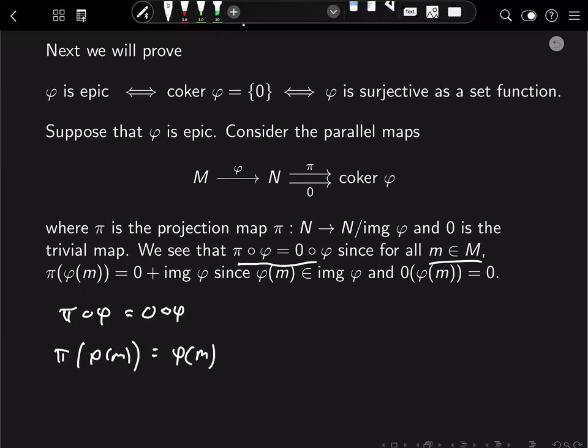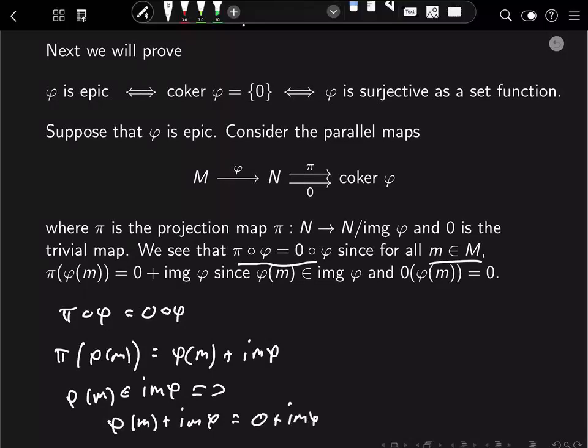This is going to be phi of m plus the image of phi, but we know that phi of m is in the image of phi, so that implies that phi of m plus the image of phi is going to be equal to 0 plus the image of phi. So that's equal to 0. And we see that 0 composed with phi applied to m is just going to be 0, trivially. So these guys are equal, which is what we wanted.